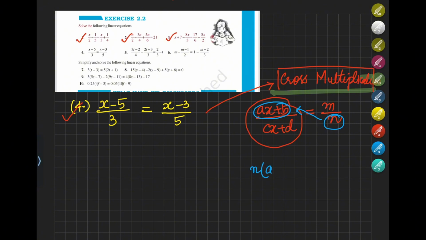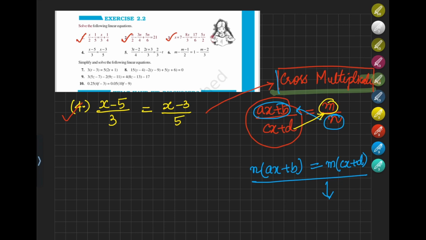So n into ax plus b is equal to, then we multiply the numerator of the RHS with the denominator of the LHS. So m into cx plus d, and then simplify this further to write a linear equation.